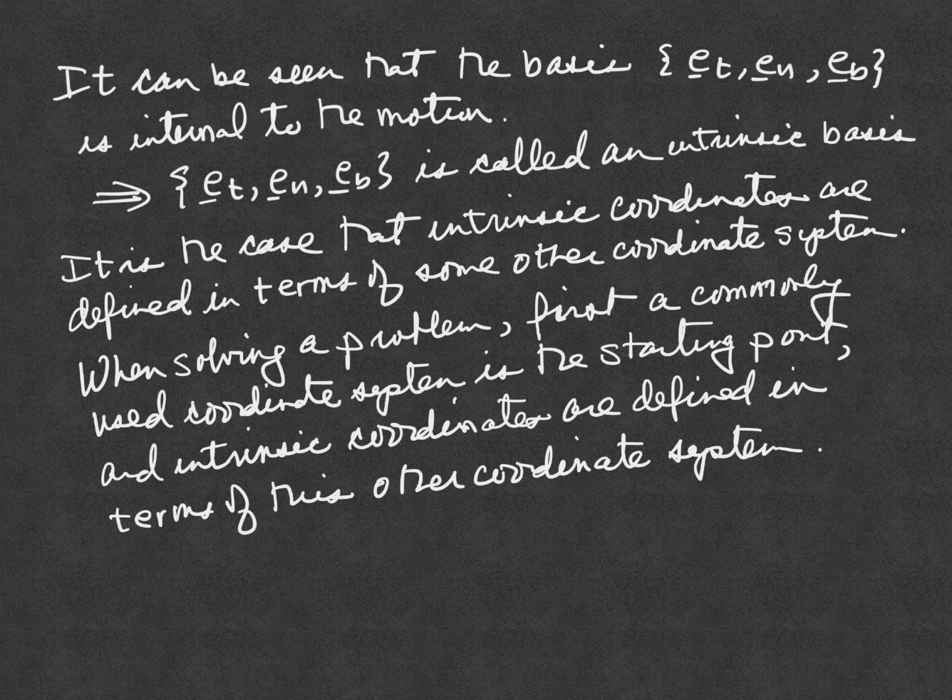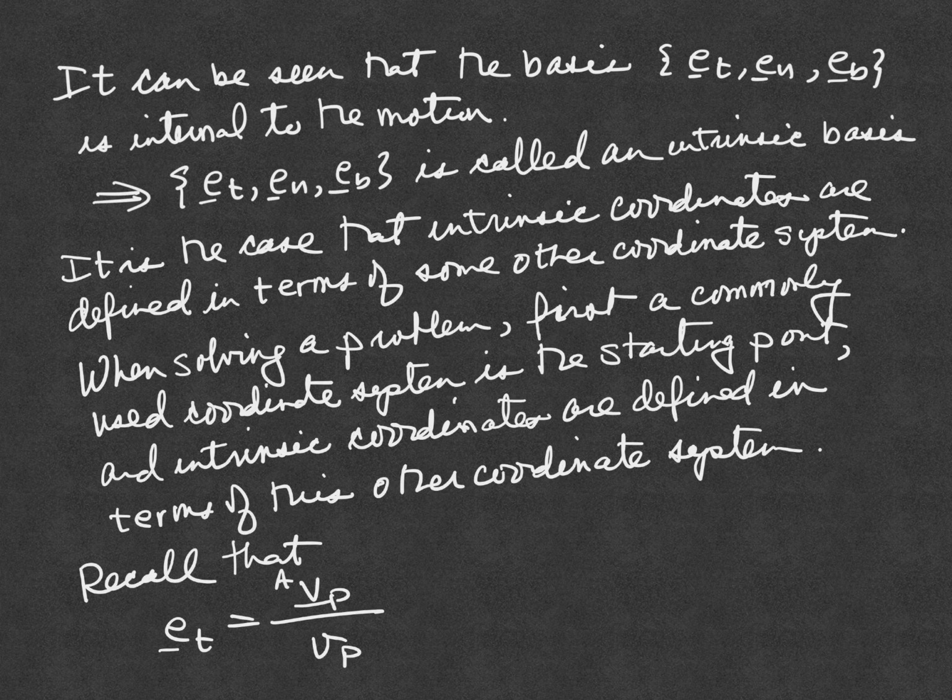And this is the advantage of intrinsic coordinates. Going back to an earlier calculation, we can recall that the tangent vector is equal to the velocity divided by the speed, which implies that the velocity of this point in frame A is equal to the speed in frame A times the tangent vector.